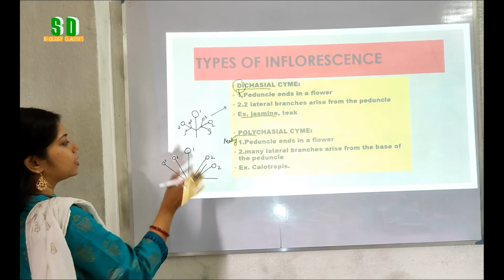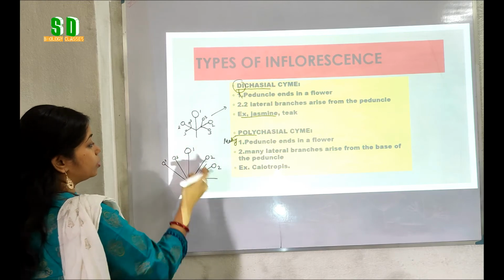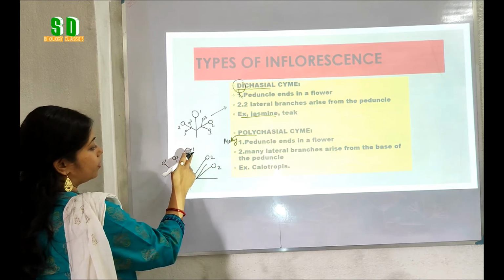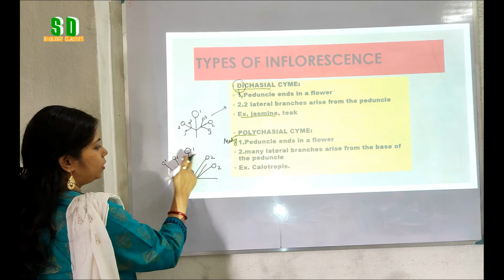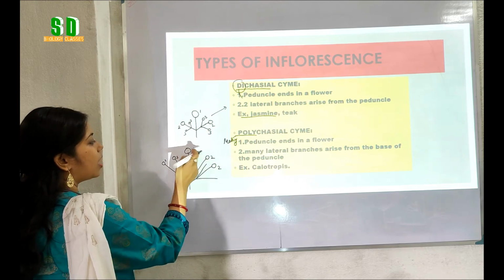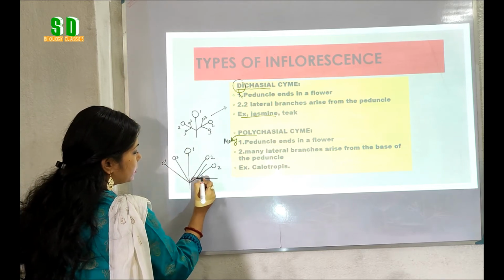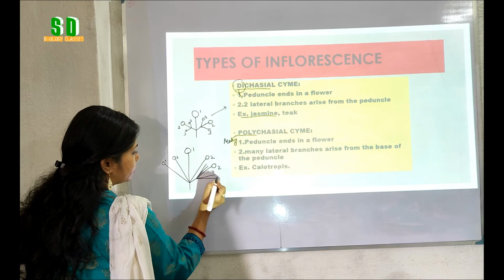Flower number 2 means those that develop after the development of flower number 1. So all these flowers, flower number 2, developed after the development of flower number 1. Now again we will see many branches here.